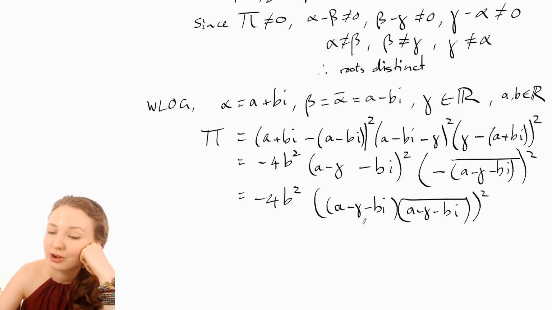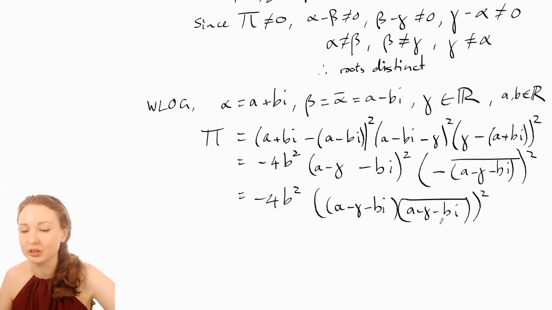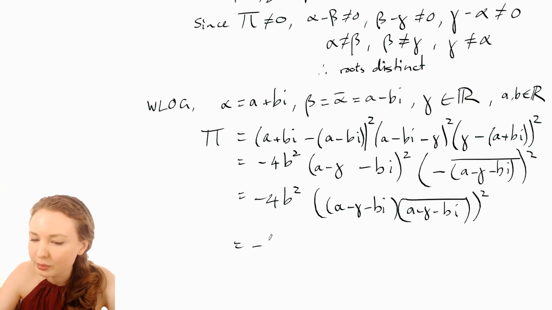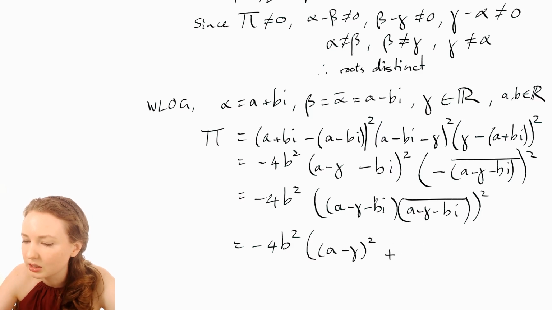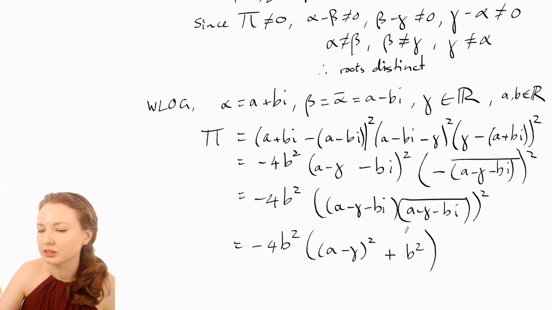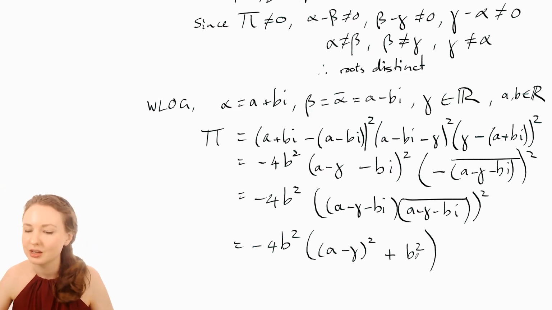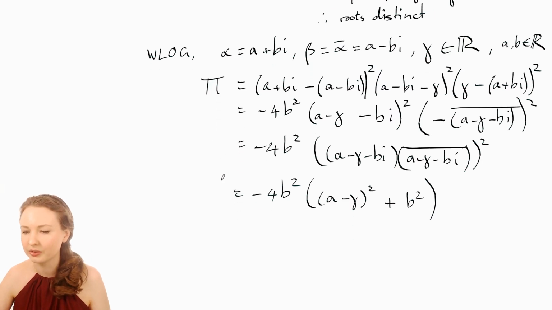So now we've got a complex number times its conjugate, so that'll give you the modulus of the number. So that will be real part squared plus the imaginary part squared. That's really good because we know that this is a positive real number. So that means that this product is less than 0.